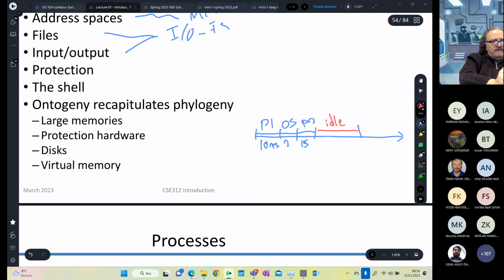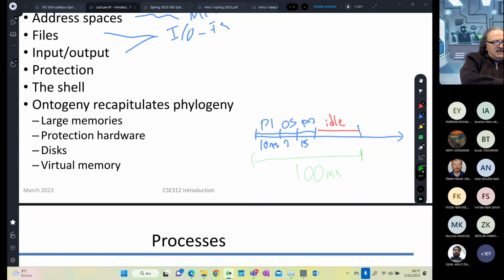So if this whole thing is like 100 milliseconds, and as you see, 28, right?